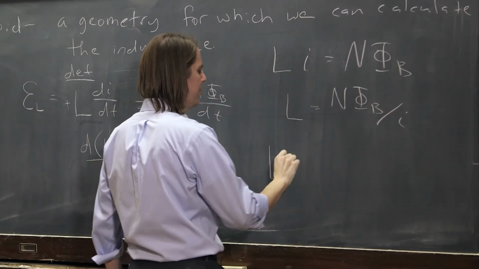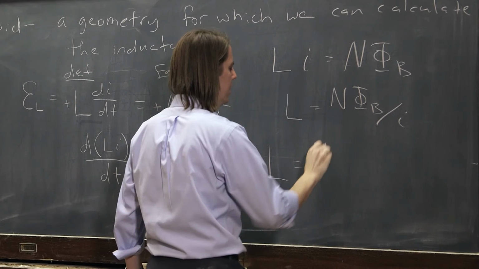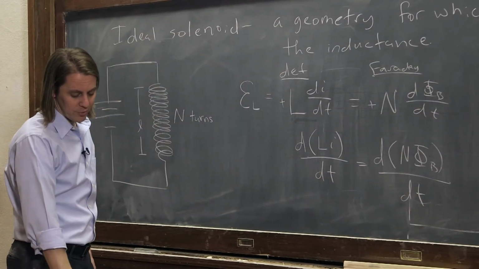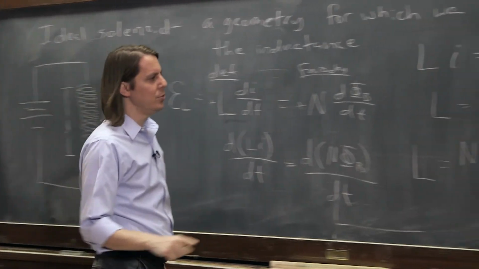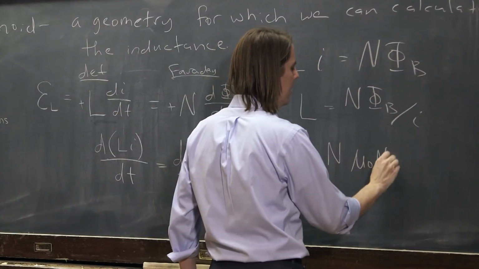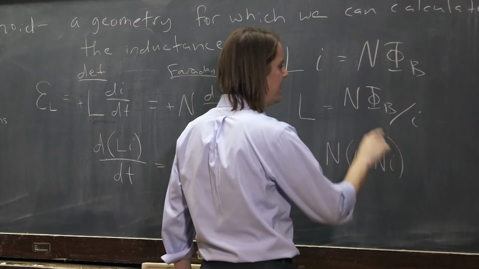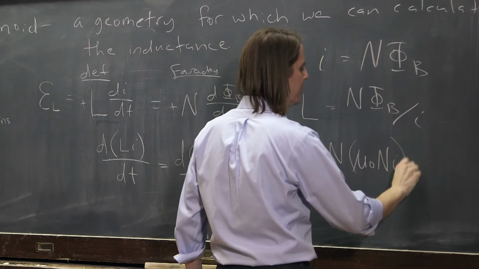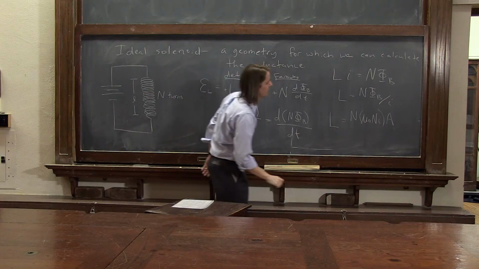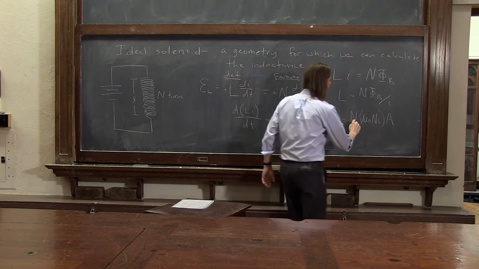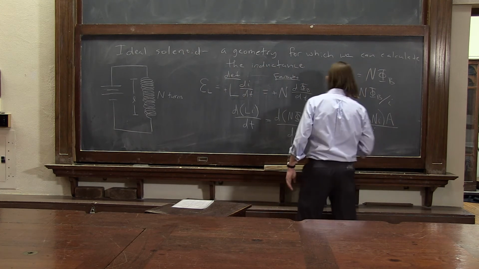And now we can think back to what we calculated for the ideal solenoid. What was its magnetic field? It was mu naught big N I over l, that was B, and then for the flux, we need the area A. Right, so there's N B times A, and that's over I. Okay.